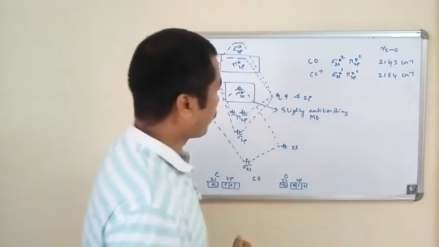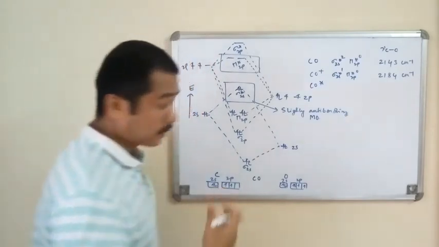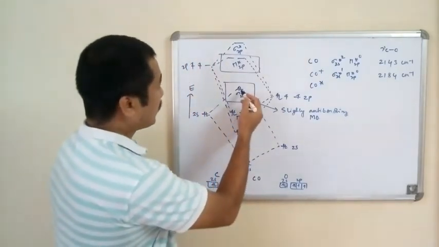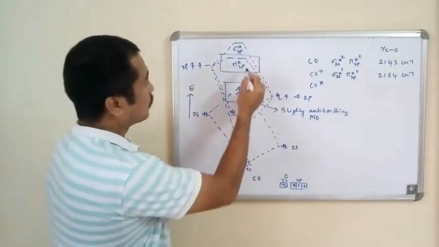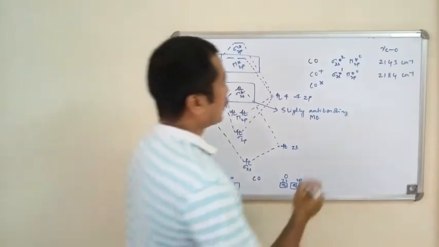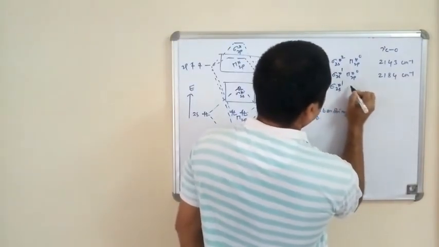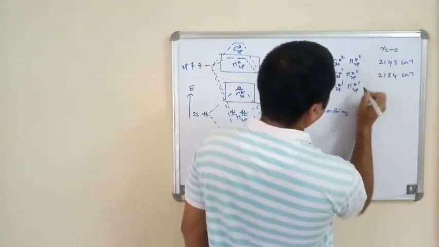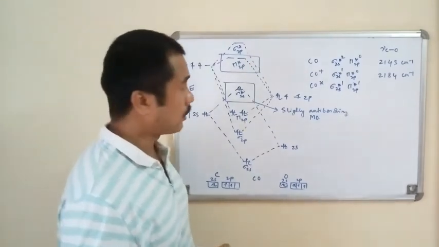Now if you excite the carbon monoxide molecule, that is, you lift an electron from the HOMO to the LUMO, from sigma star 2s to pi star 2p, then the electronic configuration will become sigma star 2s1 pi star 2p1, because now you have filled an electron in the pi star 2p molecular orbital.